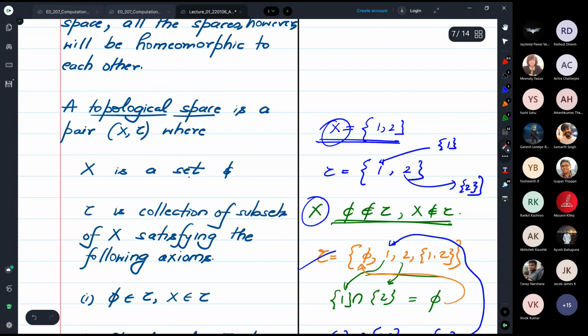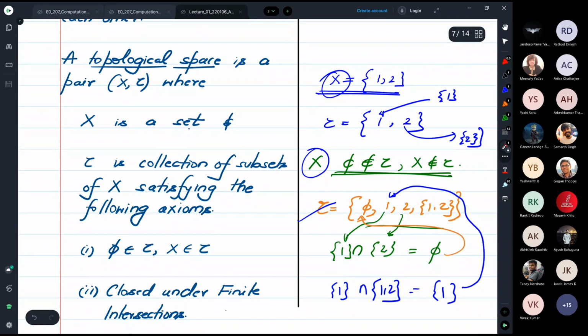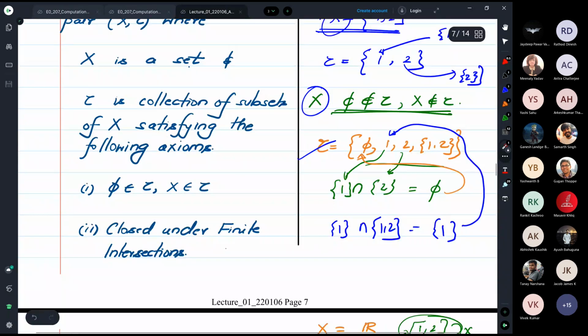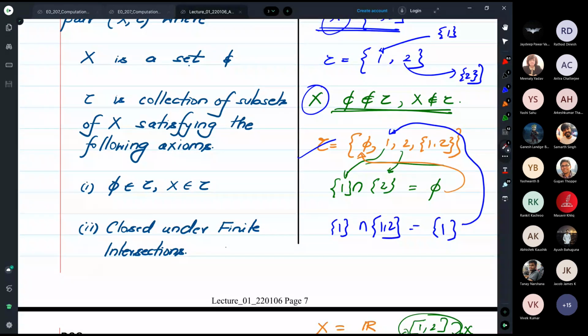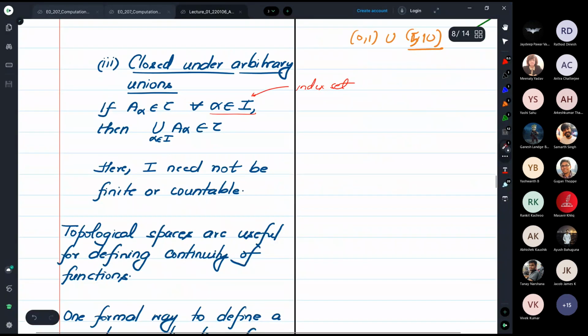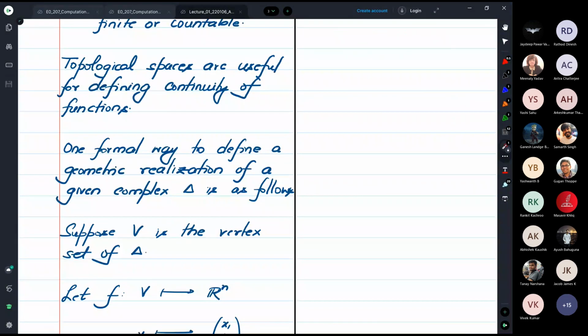So let me pause here for a second or two. If you have any questions in relation to the definition of a topological space, this may be a good time to ask. Do you have any questions with regards to a topological space?